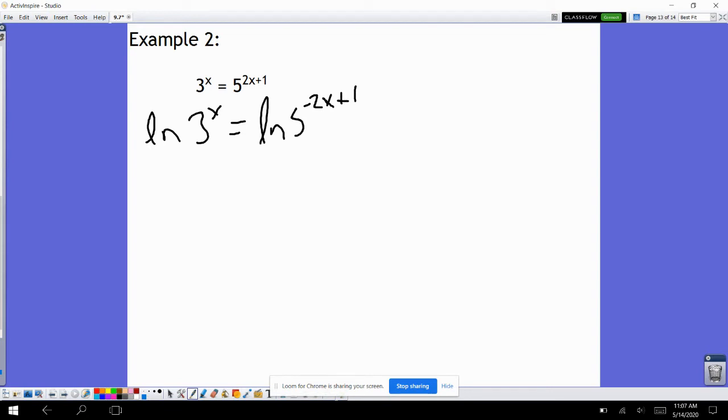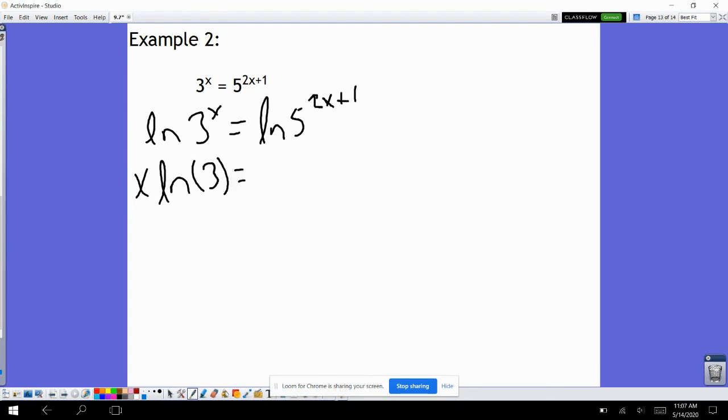Well, in this case, we have exponents in both of our logarithms, so we want to apply the power property to both of them. The natural log of 3 to the x is the same as x times the natural log of 3.